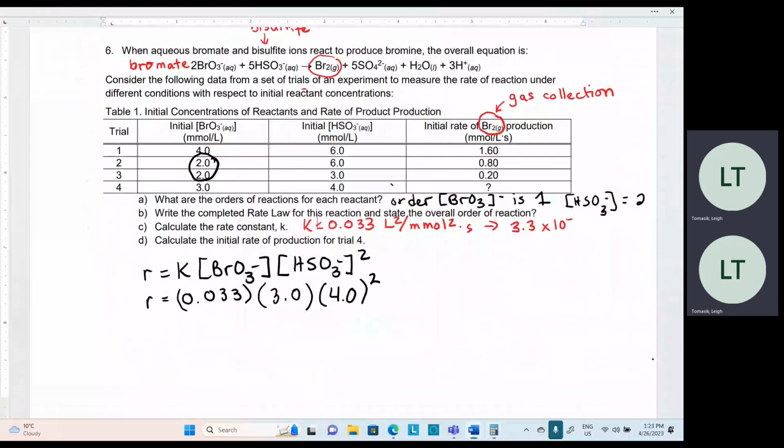So the rate is 1.584 millimoles per liter second. Okay, so your rate should always match whatever the units are on the top of the rate column, because that's what rate is measured in.